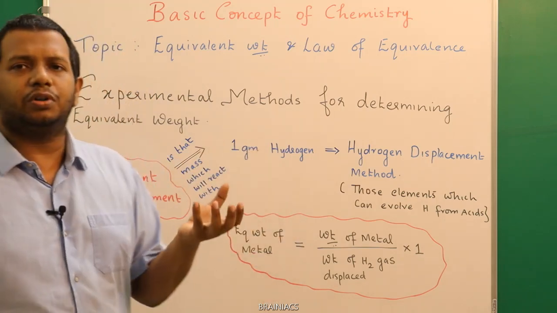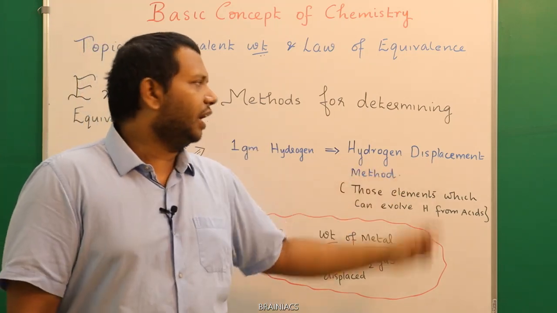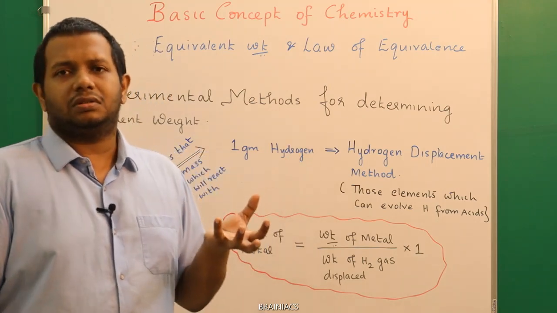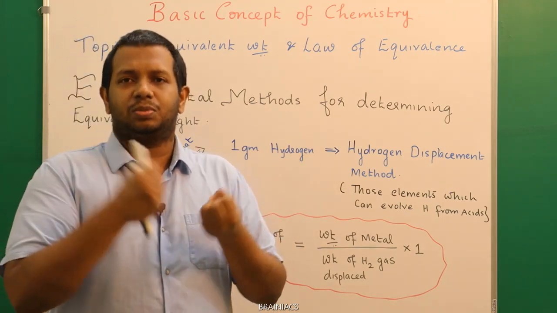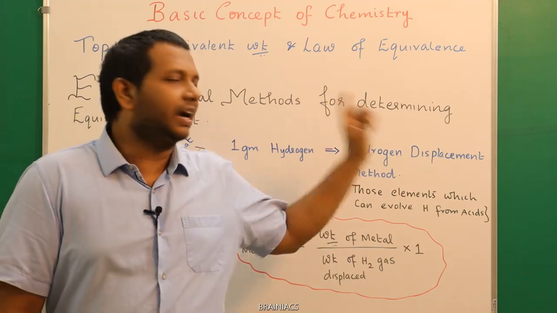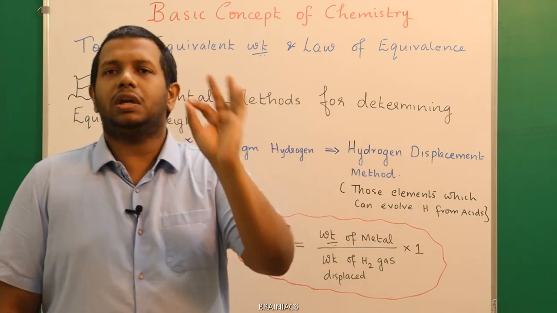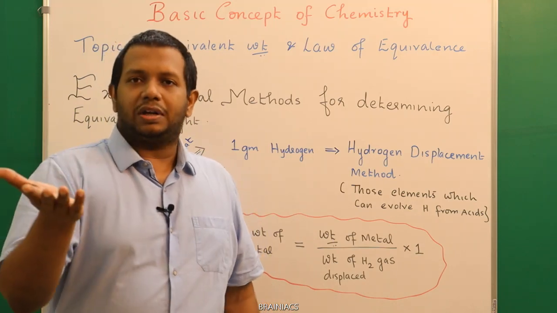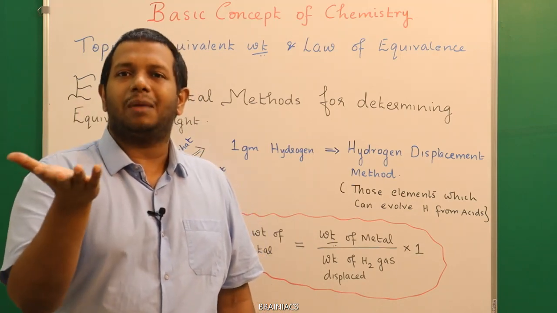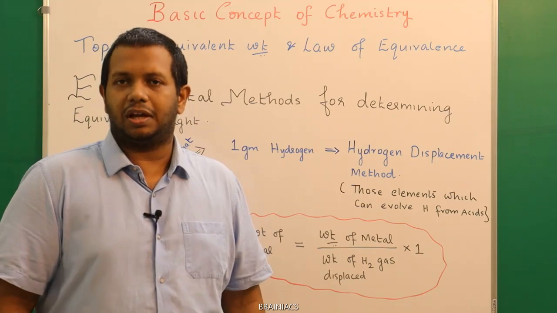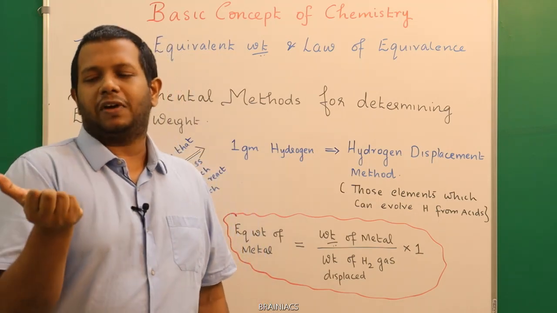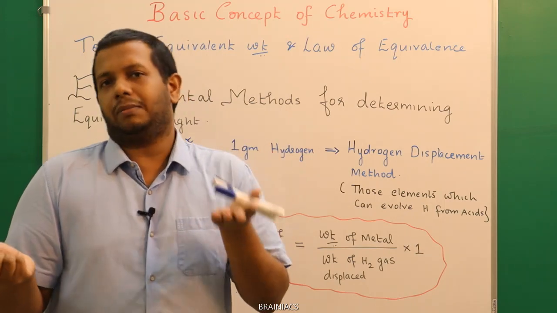So first I am going to describe the method called the hydrogen displacement method. Now take that element. Suppose it reacts with hydrogen, then using the hydrogen displacement method we can determine its equivalent weight. What should you do? You need to take 1 gram of hydrogen, and that is very important.